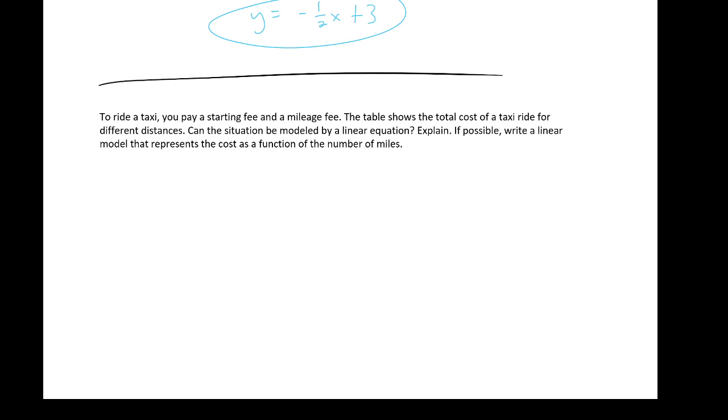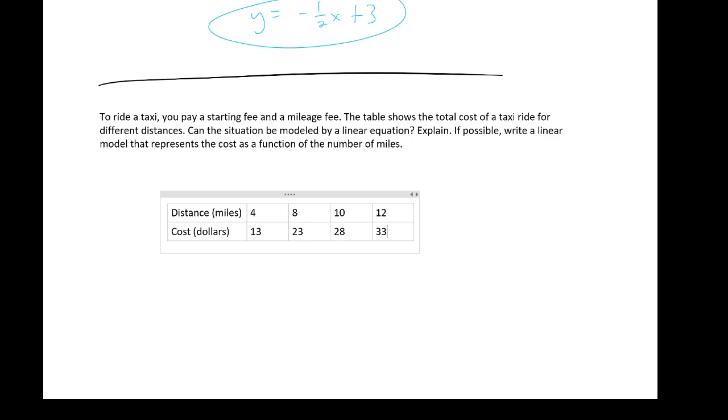So here is our little table that you're going to draw. We have the distance, which is in miles, okay? And some distances we have: 4, 8, 10, and 12. And then we also have our cost, which is in dollars. And our costs are 13, 23, 28, 33.